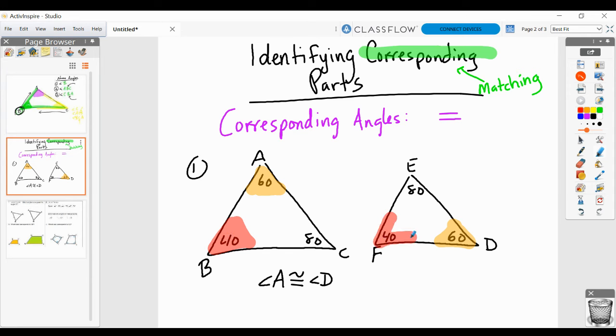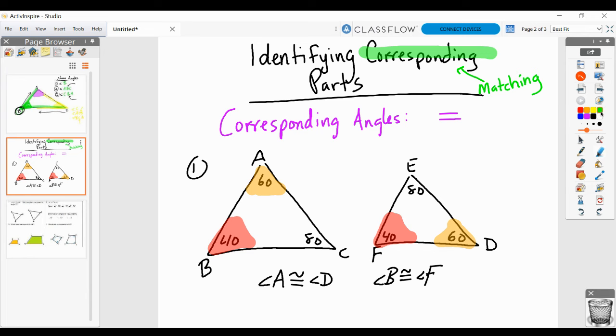The other one with 40 is angle F. So I would say that angle B is congruent to angle F. So those are corresponding parts. A and D are corresponding, B and F are corresponding because they have the same measurement.